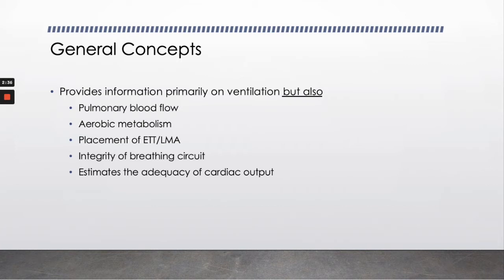In the last few years it has also become a standard to use during CPR, to assess the adequacy or inadequacy of chest compressions and ensure there is adequate cardiac output when a patient is in cardiac arrest.